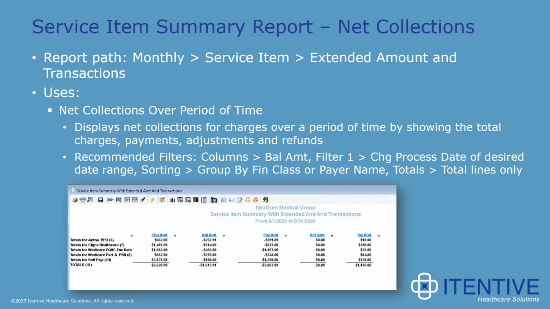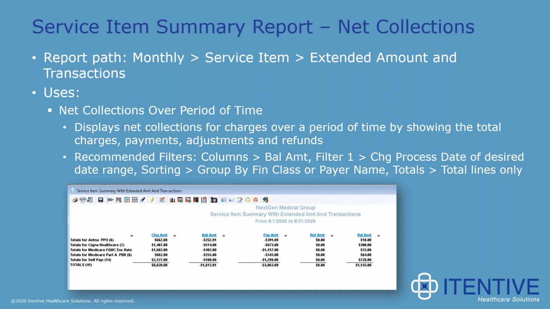So to see those net collections, the first piece that I always recommend is that you would add that balance amount column. So that column is going to show you any of the charges minus our adjustments and payments, plus any refunds. So essentially, that net collection. On the filter 1 tab, I recommend that you sort that report by the charge process date that you need. I recommend using this over the charge create date.